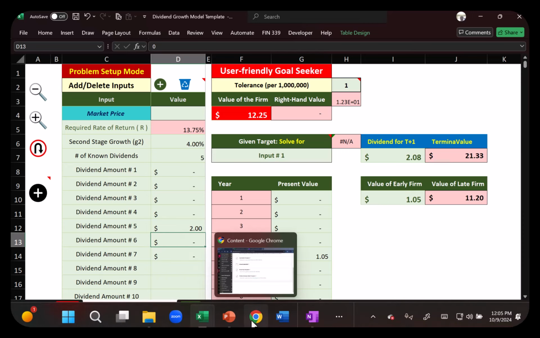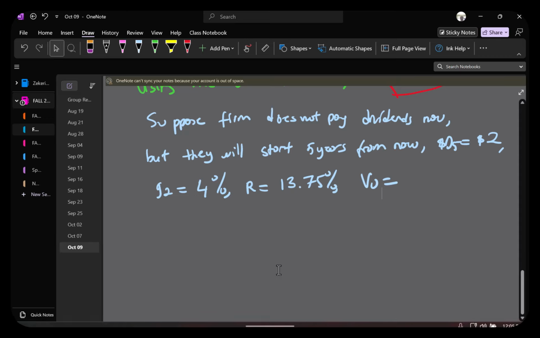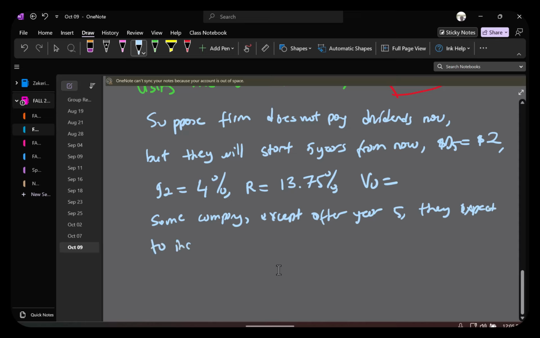Or let's do another one. Same company, except after year 5, they expect to increase dividends by 20% for 3 years.